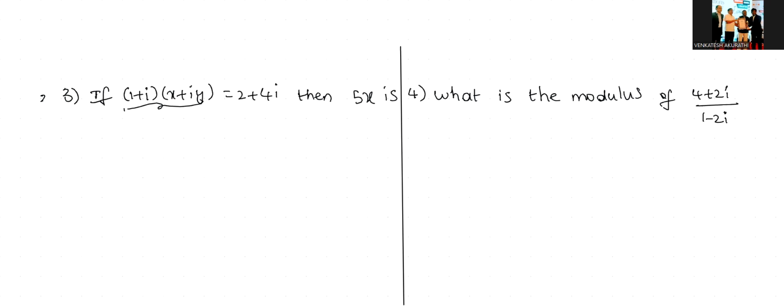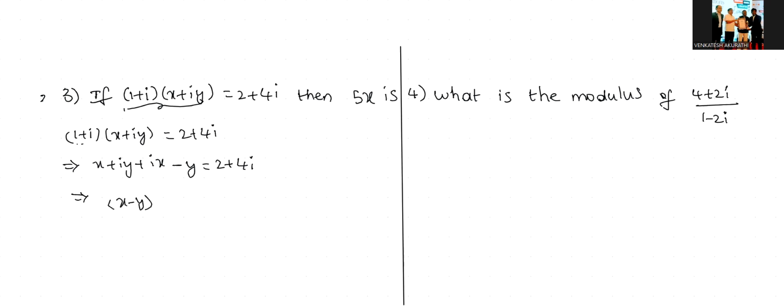That implies 1 into x, x plus iy plus ix minus i into iy, i square into y, i square value minus 1 into y, that is equal to 2 plus 4i. That implies x minus y real part plus, taking i common, i(x plus y), that is equal to 2 plus 4i.